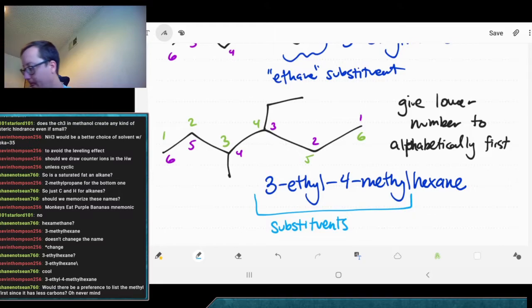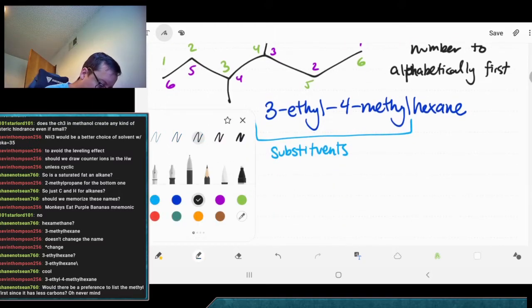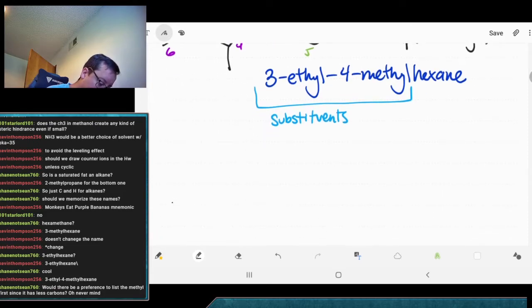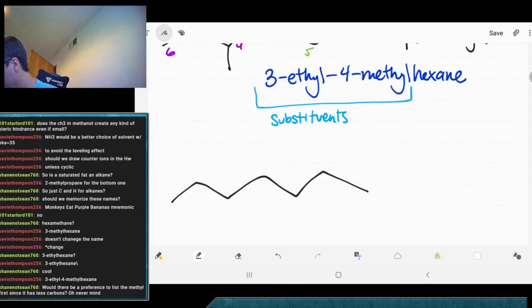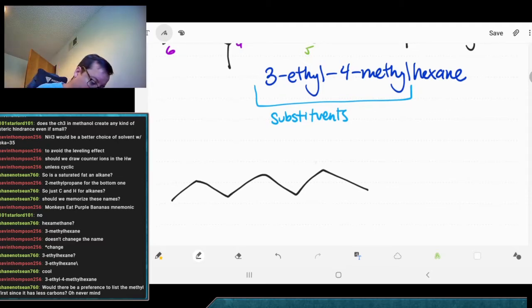So, what are we looking at there? Okay, 7 carbons. Here's another example. So, again, I'm being nice. Our longest chain is in the middle.